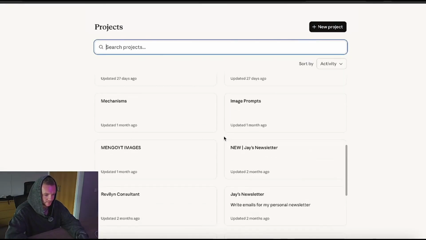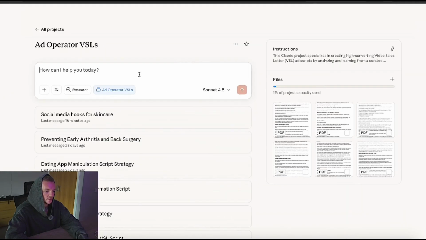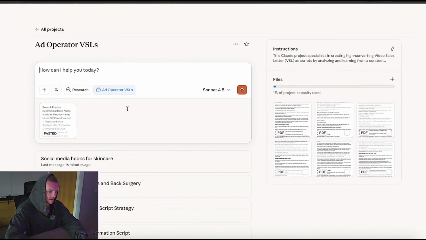Where are we? So what I'm going to do is copy and paste this in. I'm going to say, write me, we'll just go for a relatively short one, a 3-minute VSL script for this product.